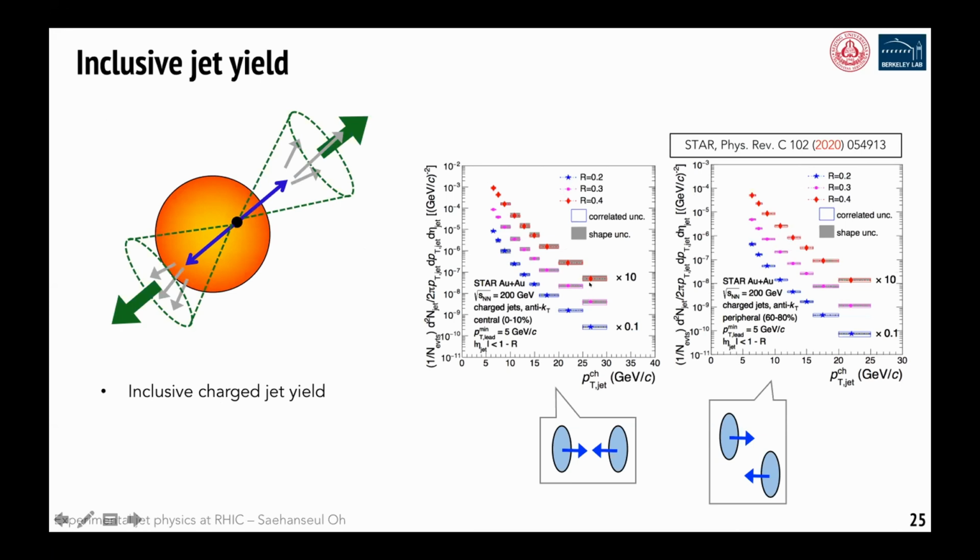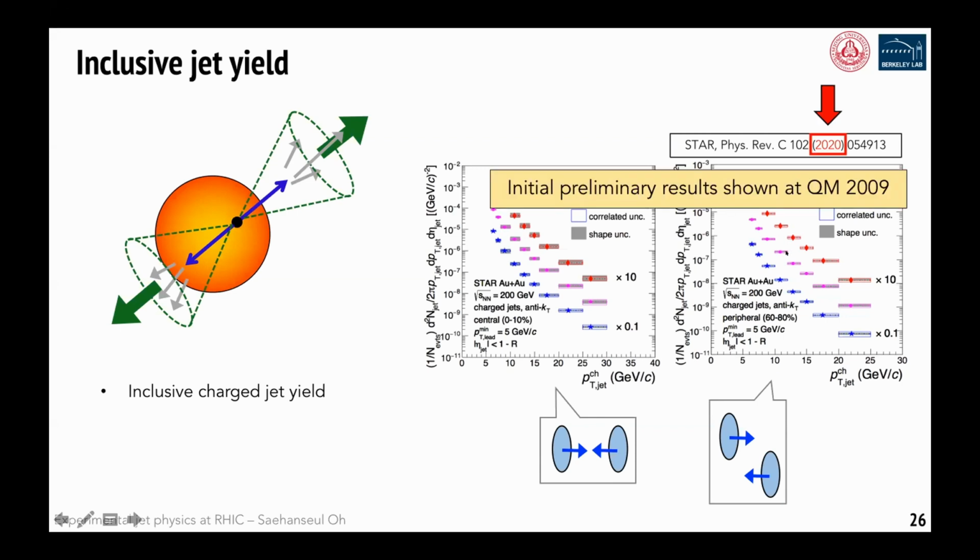It showed the spectra at different R, for 0 to 10% and 60 to 80%, so central and peripheral collisions. One funny fact is that the initial preliminary results were shown at Quark Matter 2009. It has been 11 years from the preliminary results to the actual publication.